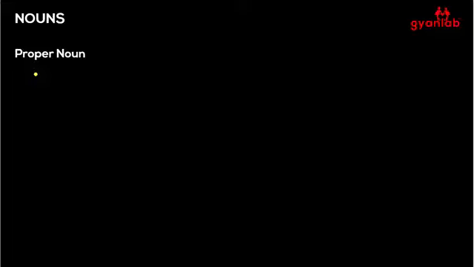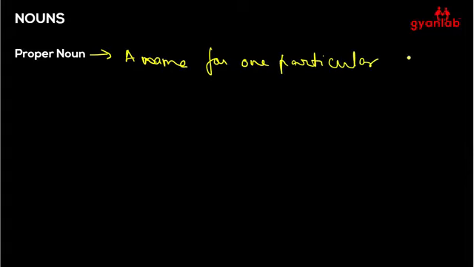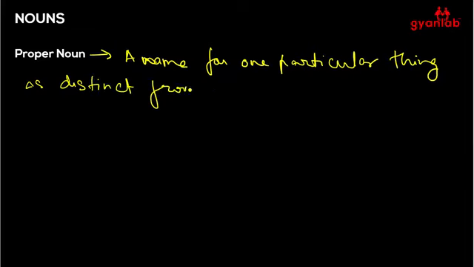A proper noun, as we last saw, is when we name one thing at a time. So if we were to define proper noun, it is a name for one particular thing as distinct from every other.